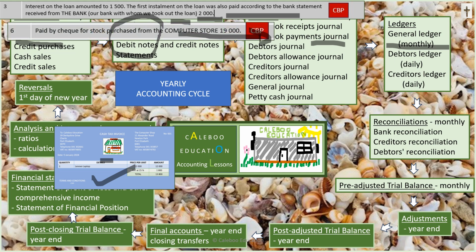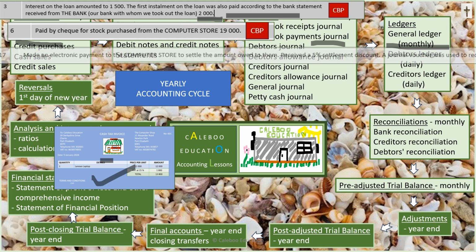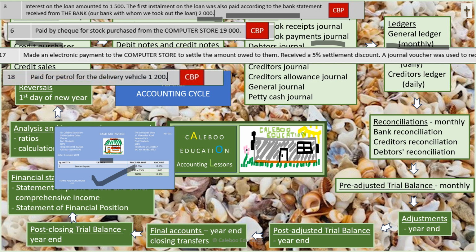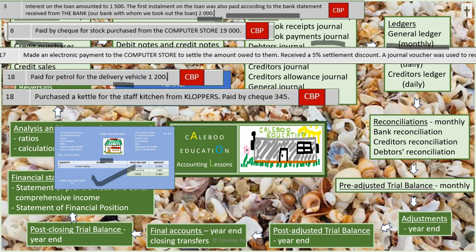We purchased a computer, paid cash to the computer store. We made an electronic payment to the computer store, an EFT, an electronic funds transfer. We paid for petrol for the delivery vehicle, and purchased a kettle, paid by check.